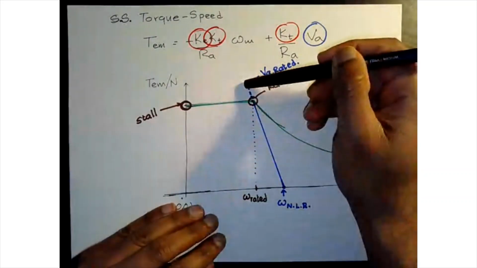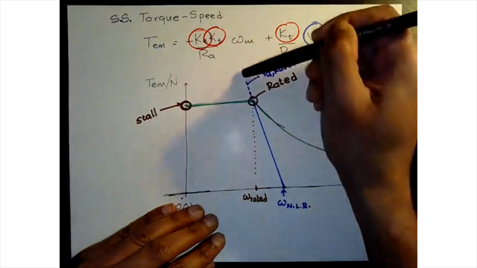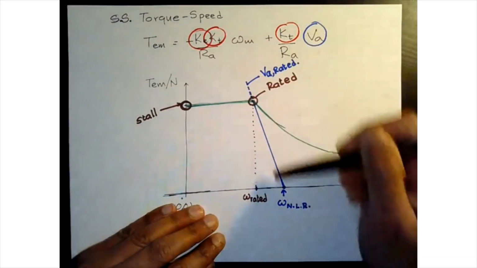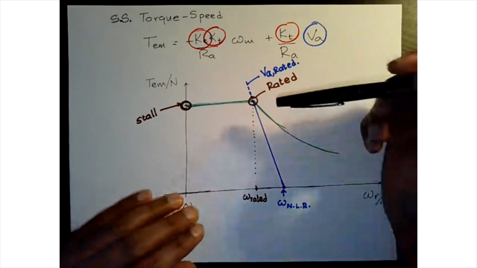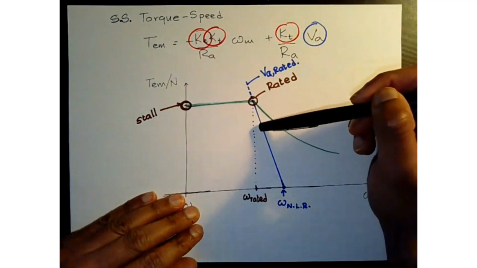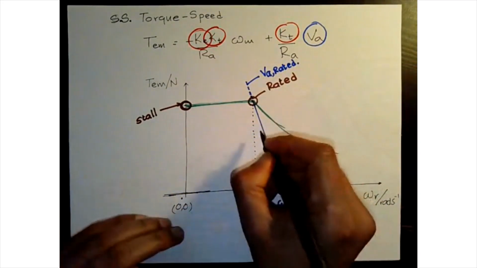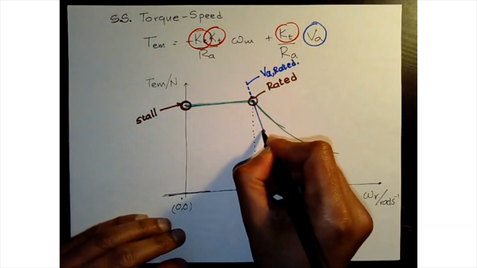So that means you can only operate along that region on this curve, right? Now, however, let's say I'm operating right around here.